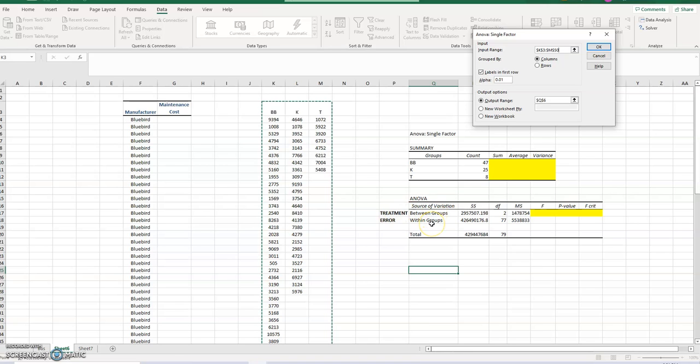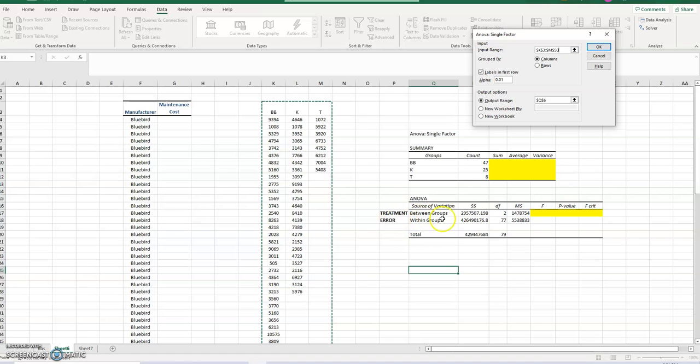Between groups and within groups is typically the way I categorize it, but the book uses treatment and error, the error that you get within a certain group. So when you see treatment and error in the book and you try to correspond this with Excel, treatment is between groups, error is within groups.